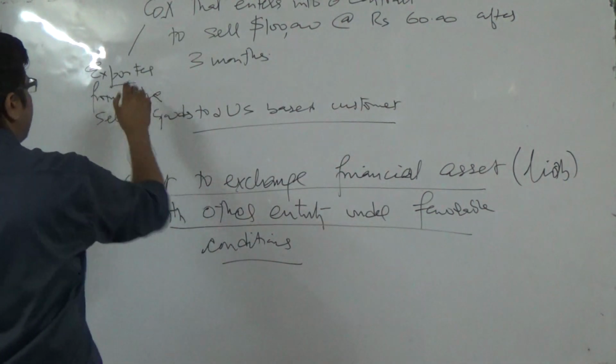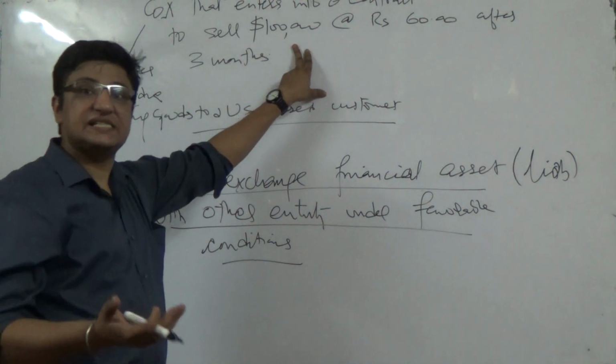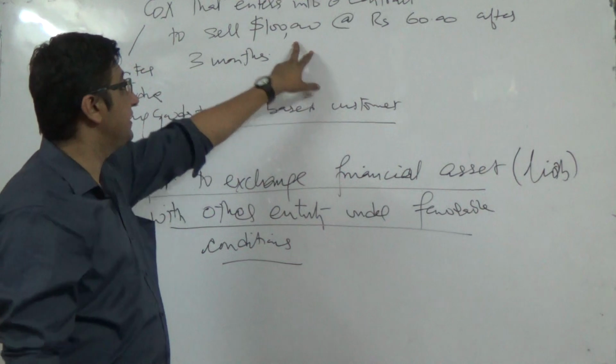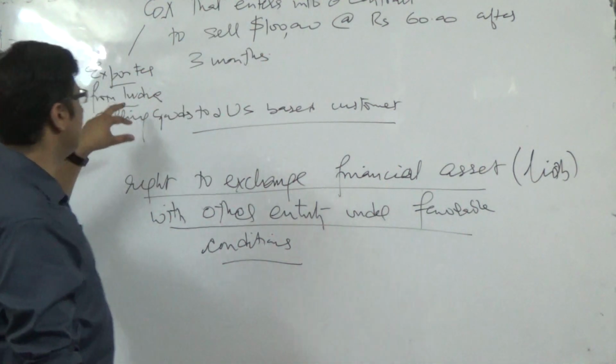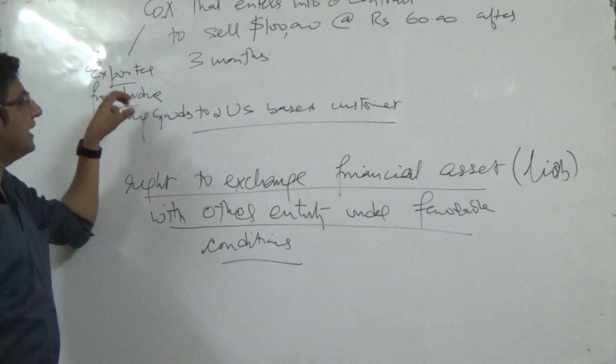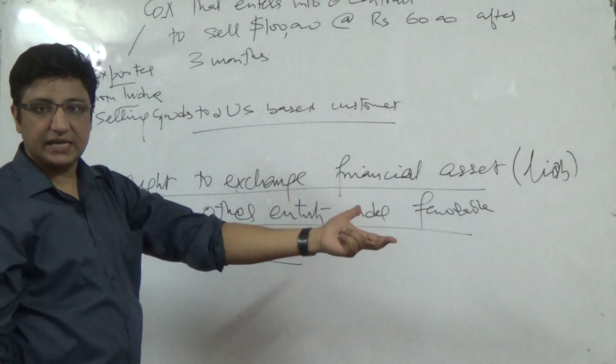After 3 months, this much money will be received by company X. But company X is an Indian company, which means that they need to convert these dollars into the rupee equivalent.